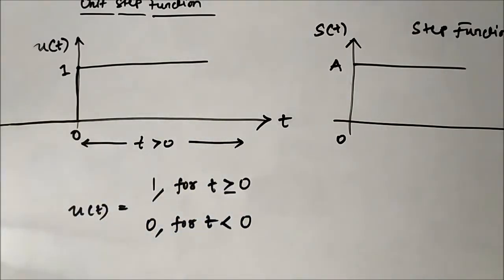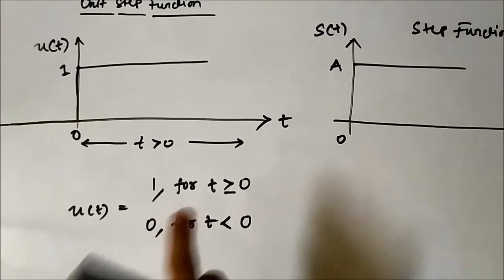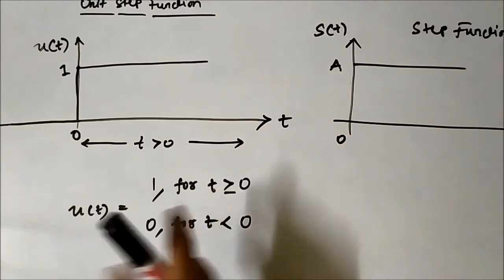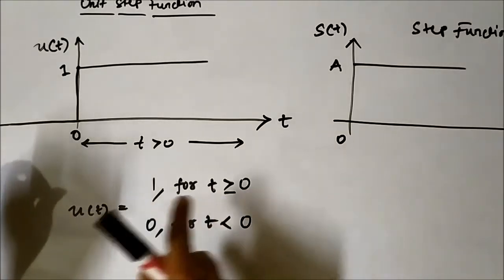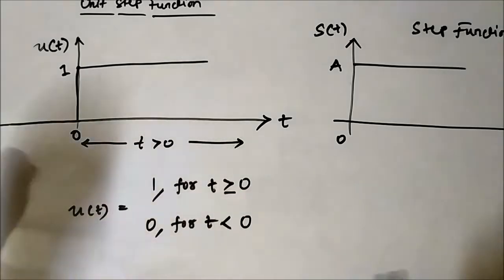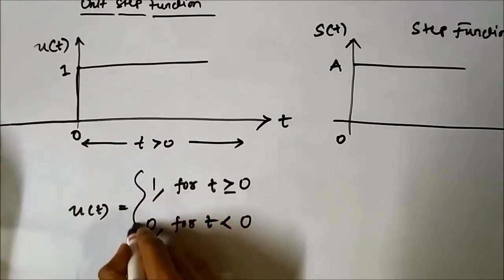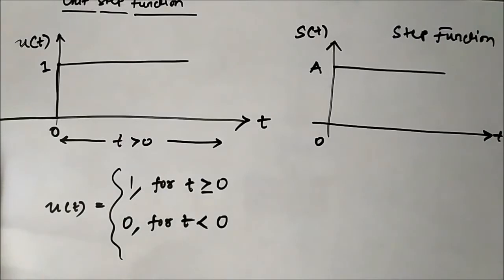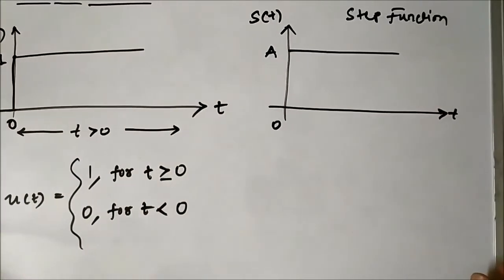Okay, so it is a little confusing because it varies from textbook to textbook, but I recommend you go by this. For t greater than or equal to 0 it is 1, for t lesser than 0 it is 0, and the curly bracket is the functional representation.